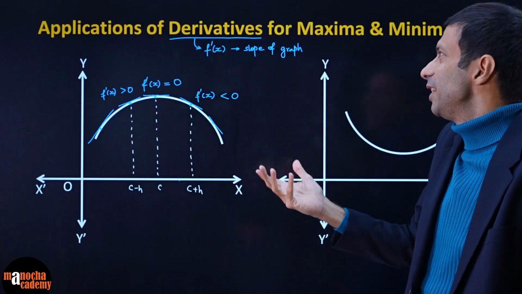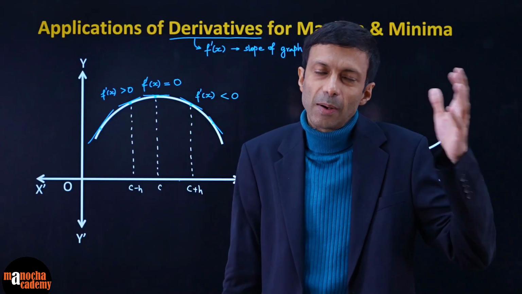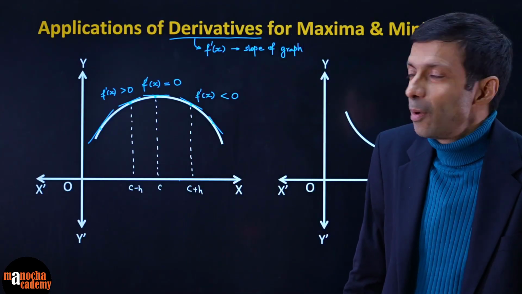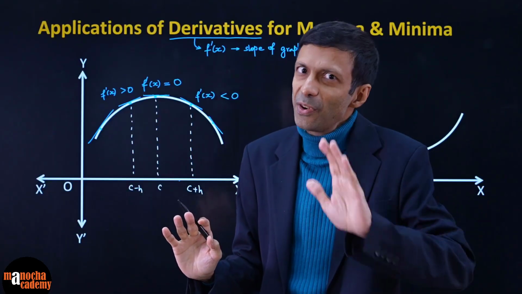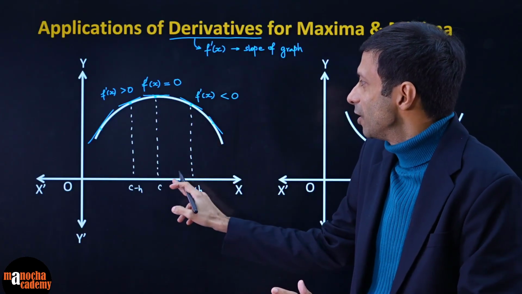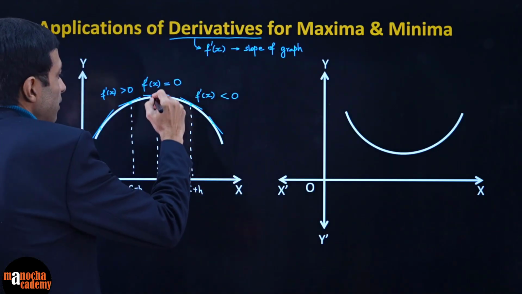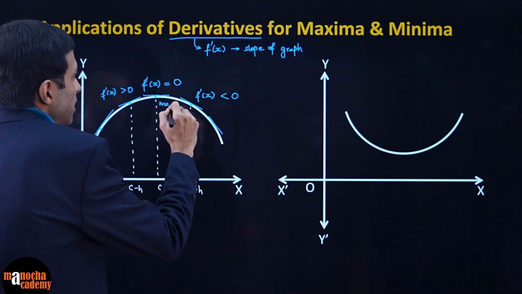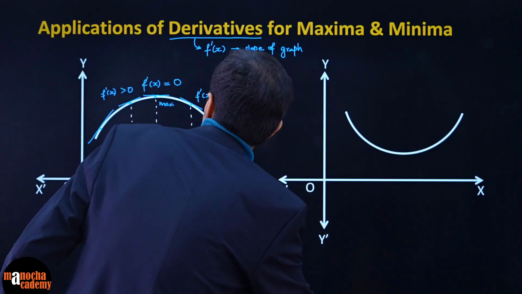Of course, this is under the assumption that the function is differentiable; sometimes the function is non-differentiable, and we'll come to that special case. But if it is a differentiable function and we can find f dash x, it's very clear where the maxima occurs. This is my maxima point, or maybe I can mark it down here.